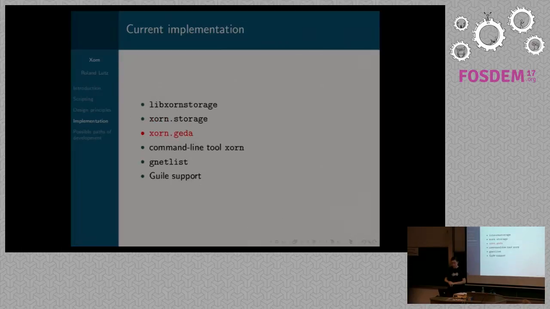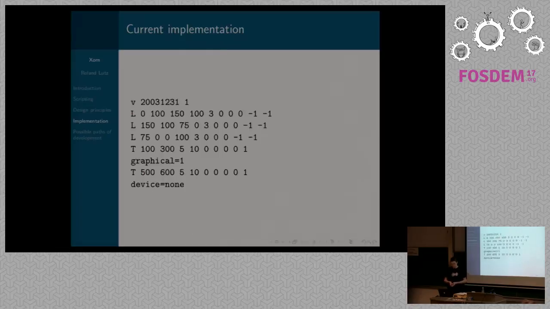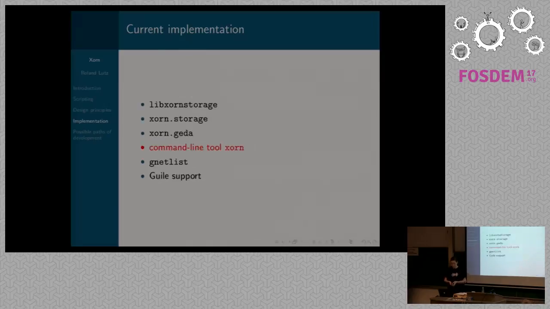Xorn.geda, which is basically the parts of libgeda which are interesting to use in another application, ported to use the new functions. There is a new file format. There's a command line tool xorn, which offers all the functionality you would expect to be available on the command line, for example, converting a file from one format into another, or extracting symbols from a schematic file. gnetlist has been ported and refactored, so it's now a Python package and can be used from any application.